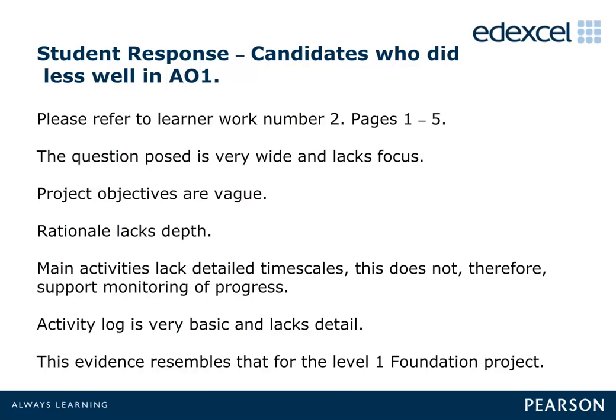Rationale lacks in-depth reasoning. The activities given in Section 3 of the proposal form are generic, and there are only vague proposed timescales provided, so the learner cannot monitor their progress as required in their activity log. The activity log is brief. This work resembles a Level 1 project.